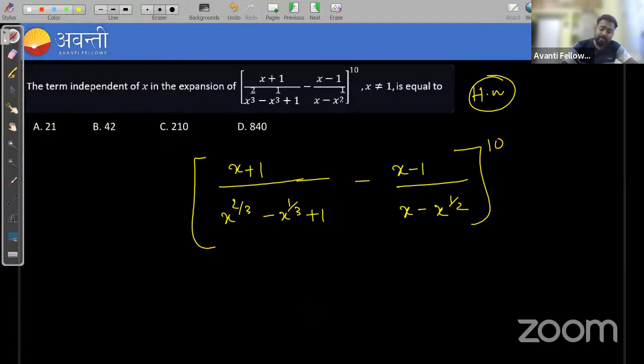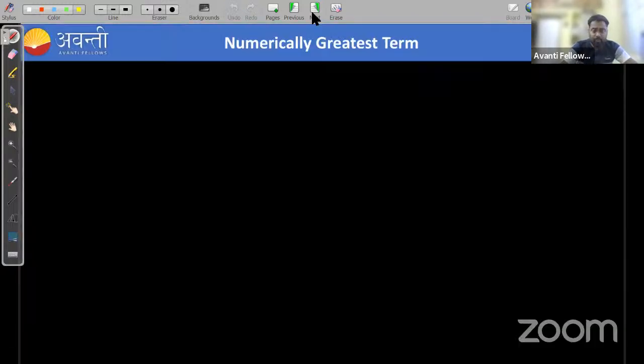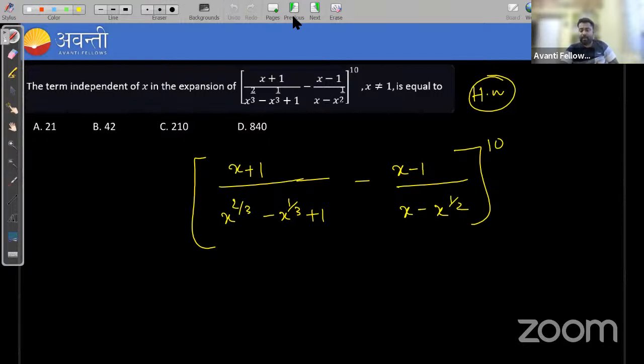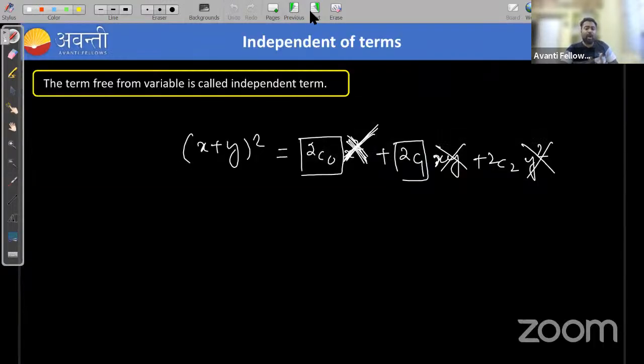So it is time to end your class here. In the next class, we'll solve more questions and also see how to find the greatest term of a binomial expansion, and we'll see the application of the binomial theorem.